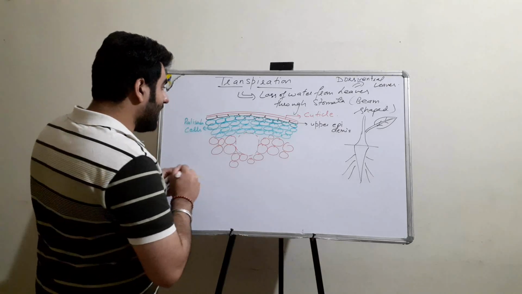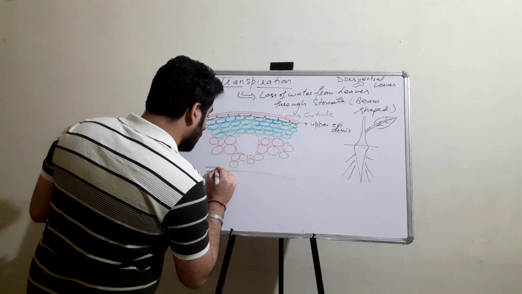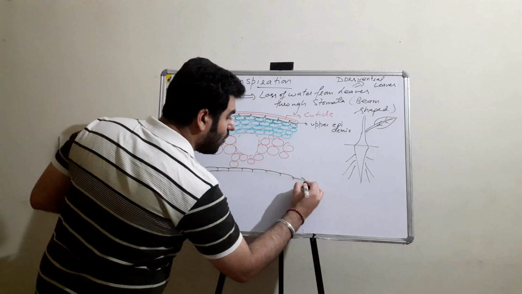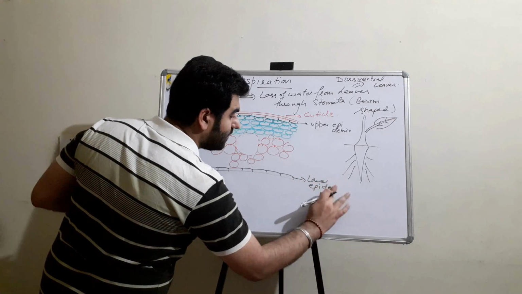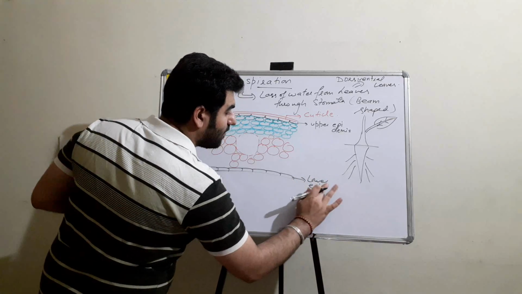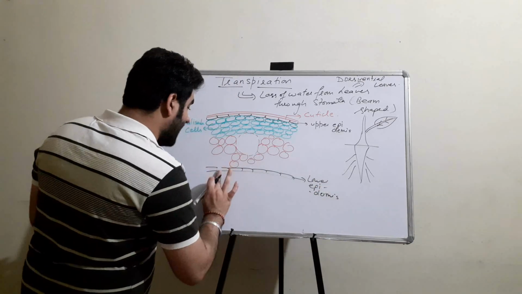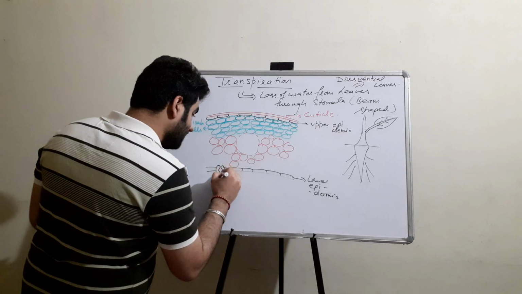Let me make the lower epidermis. This lower epidermis has the stomatas, and here we are talking of the bean shaped stomatas.